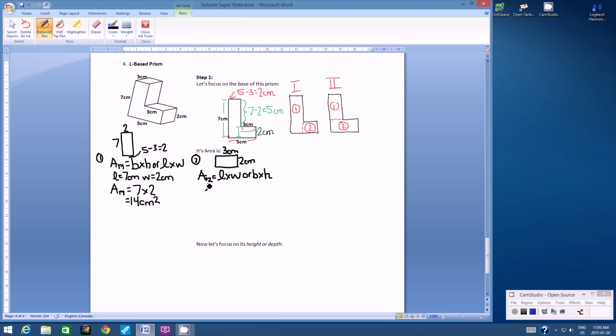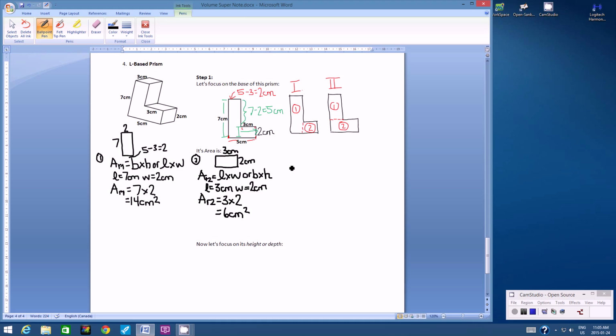We know that the length, the longer side, is 3 centimeters. We know that the width, the shorter side, is 2 centimeters. Substitution line, area of rectangle 2, R2, is 3 times 2 equals 6 centimeters squared. Okay, so that represents the area of this part of the rectangle.